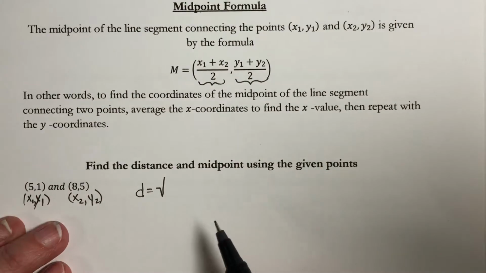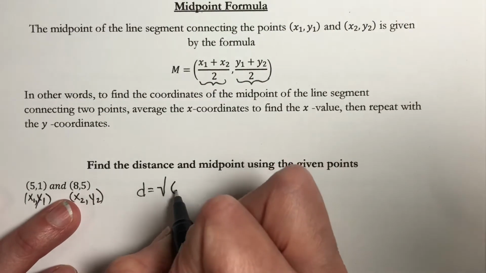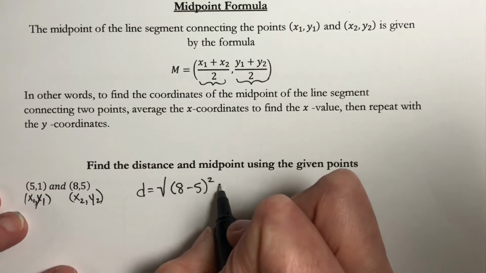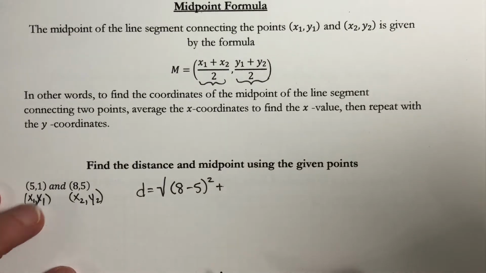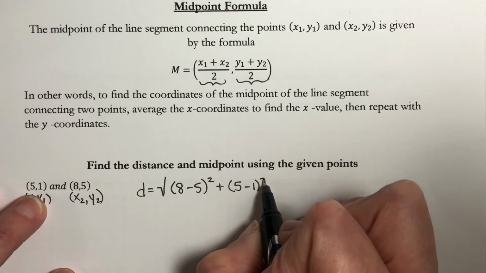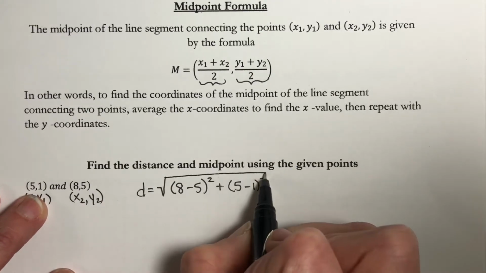And remember, it doesn't matter what order you subtract x's in. So let's just do 8 minus 5. And then we square that, plus, now subtract your y values, 5 minus 1, and then you square that, and then we're going to take the square root of that when we're done.